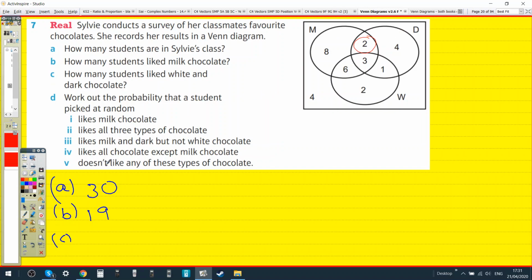So you want how many people liked white and dark chocolate? No. So it's just 4. So these like milk and dark. Yeah. So on this. Okay. Question D.